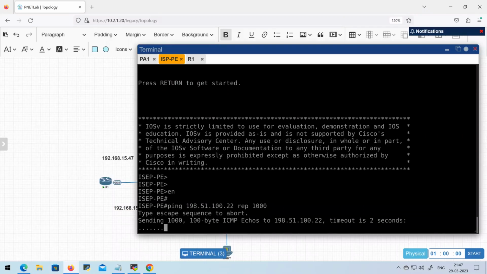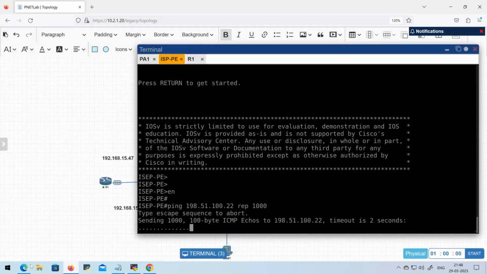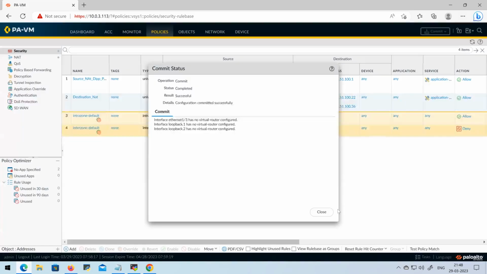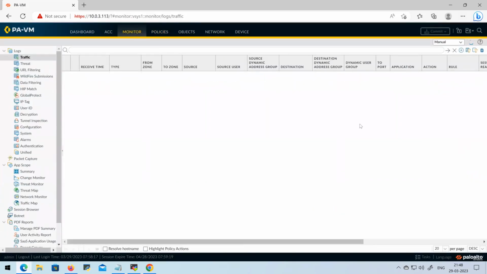What happened? Will the route also be needed here, Praveen? First check the log. We need to check the error logs. Because it is a directly connected interface, routing won't come into the picture.